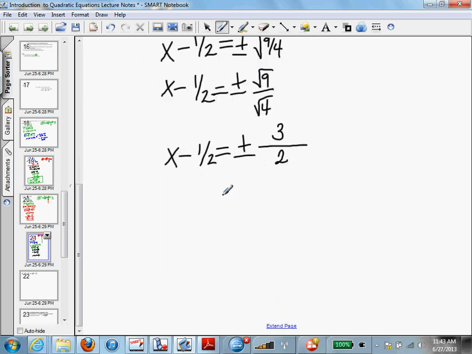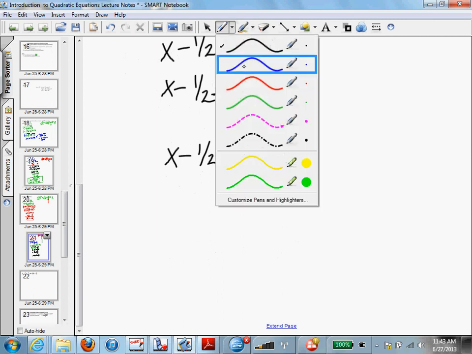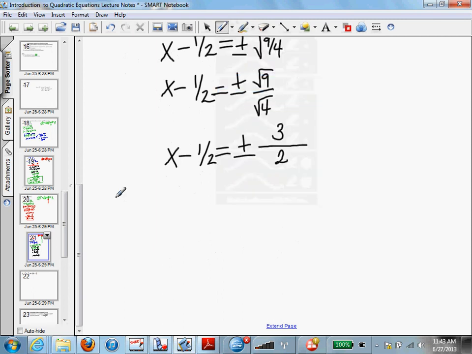To get x by itself, we should probably break this into 2 different pieces. So we have the problem x minus 1/2 equals a positive 3/2. We're going to have the problem x minus 1/2 equals a negative 3/2.